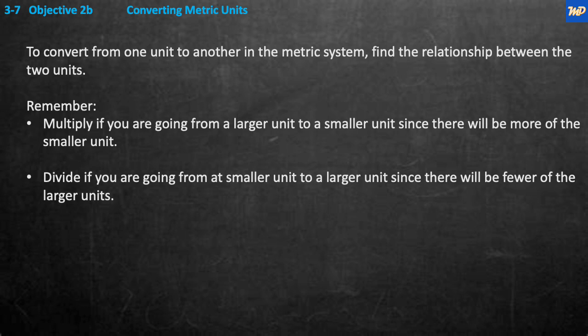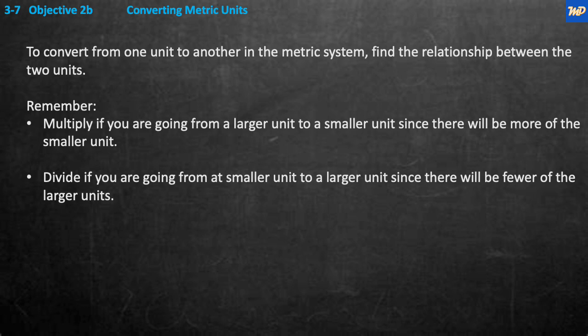Right? Like if you were at a meter and you wanted to go to a millimeter, there's a difference of 1,000. So if you had 1 meter, you'd multiply that by 1,000 and you'd know how many millimeters you had. Okay? Divide if you're going from a smaller unit to a larger unit.